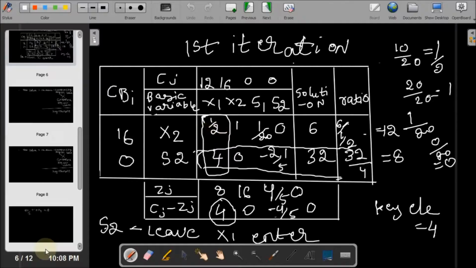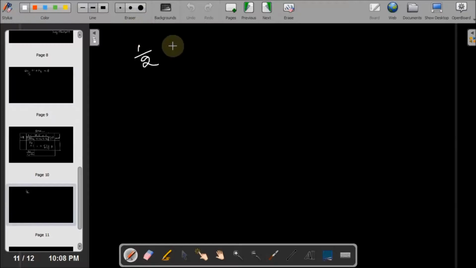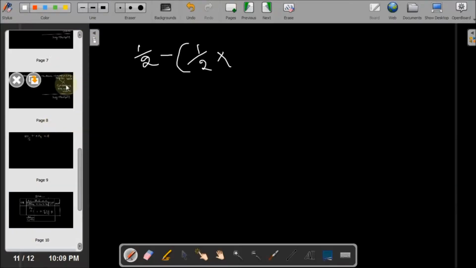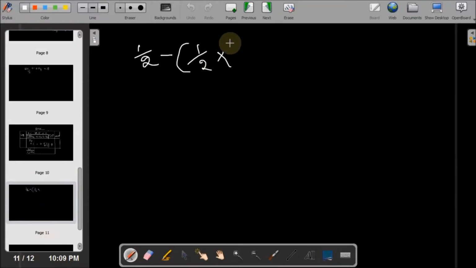So 1 by 2 minus 1 by 2, now into what is the key row value? The key row value is 4 for this 1 by 2. Don't get confused. So that's why I will write this 1 by 4.